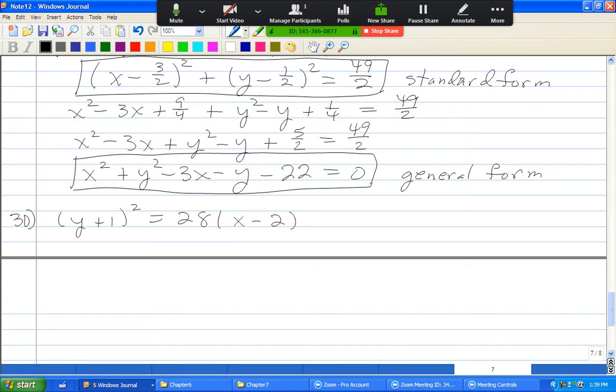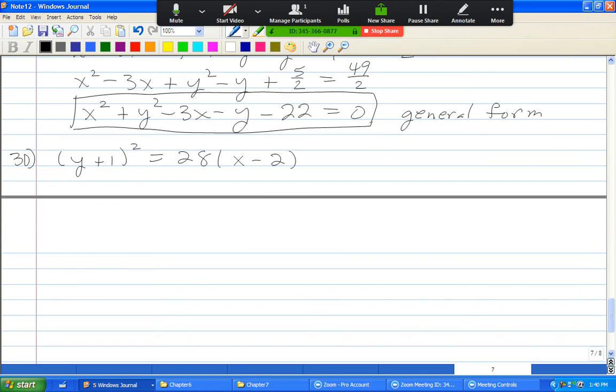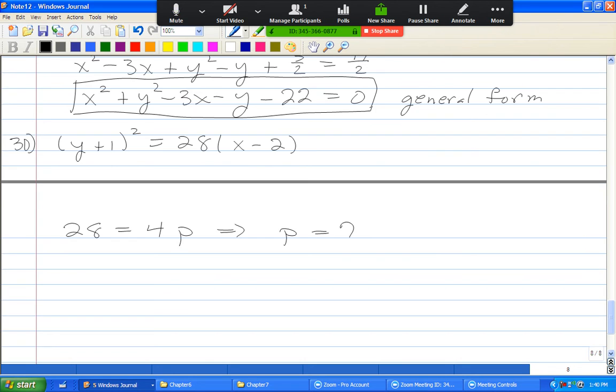Okay, so it says find the vertex, focus, and directrix for each of these. So first off, I have that 28 is equal to 4p. So p is equal to 7. The vertex is going to be at 2, negative 1.